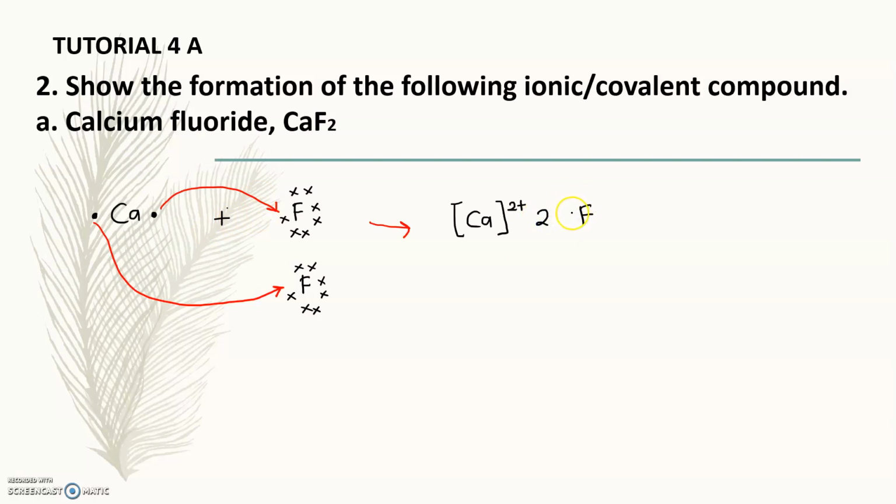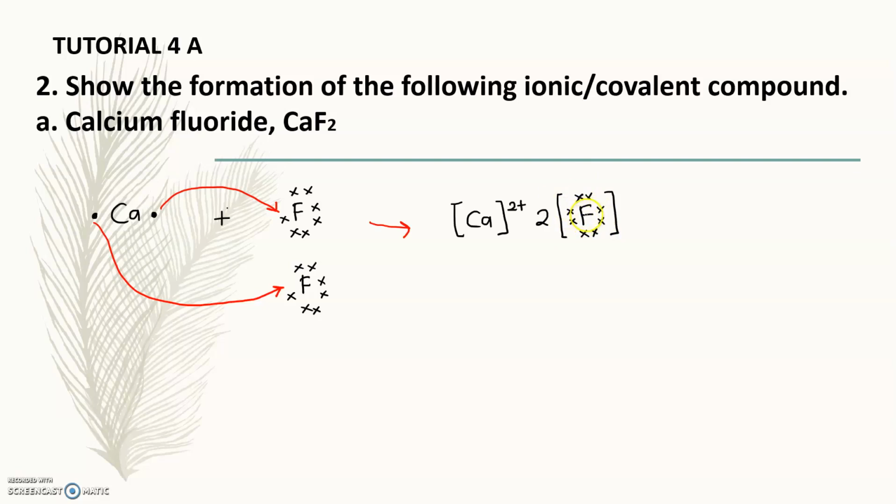Now we draw the valence electrons. After 1 electron has been donated to fluorine, the total for each fluorine atom is now 8: 1, 2, 3, 4, 5, 6, 7, 8. Octet achieved here.